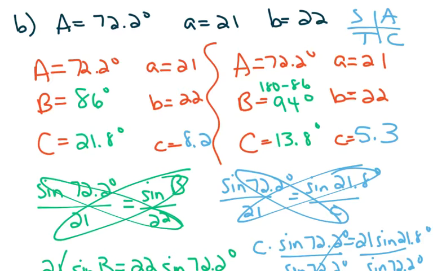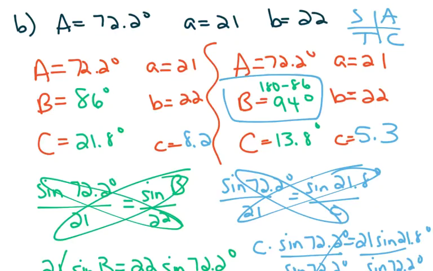But in the triangle problems, you'll never get an angle in quadrant 4 because those angles are too big. So we're always going to get a quadrant 1 angle. But the problem is sines are also positive in quadrant 2. So there's the possibility that there could be a second solution.